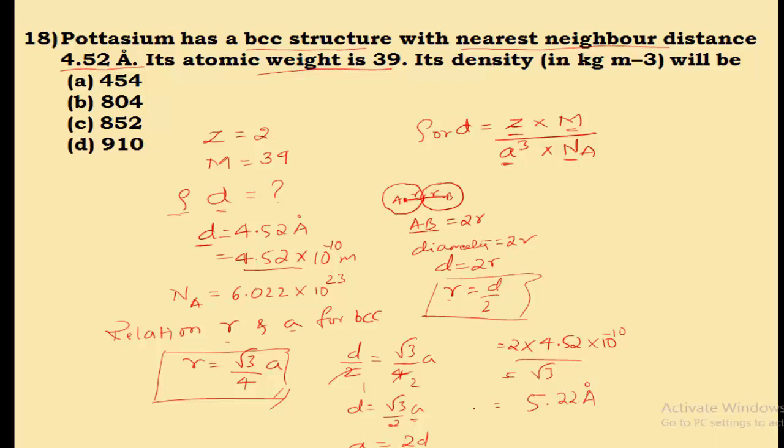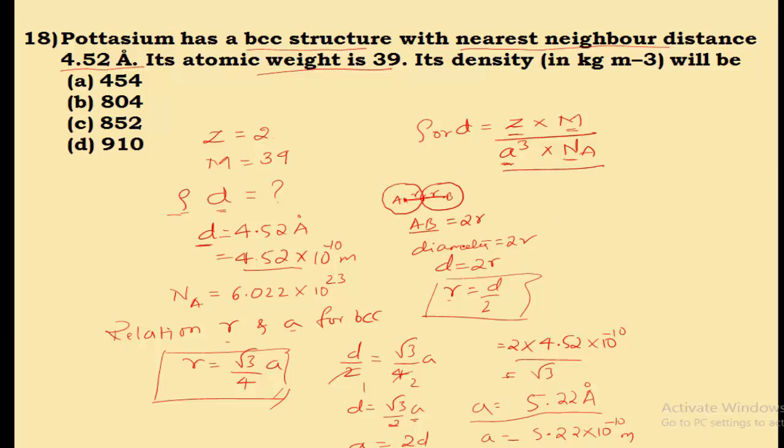So this is the value of A, 5.22 angstrom. Or you can also write it as A is equal to 5.22 into 10 raised to minus 10 meter.